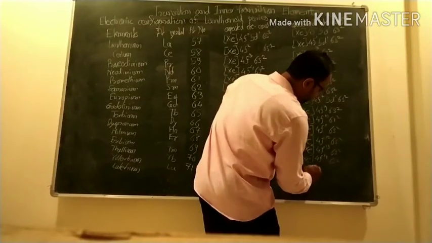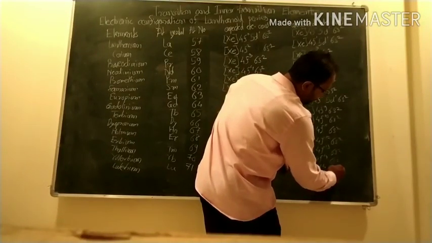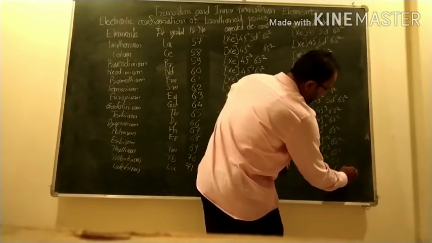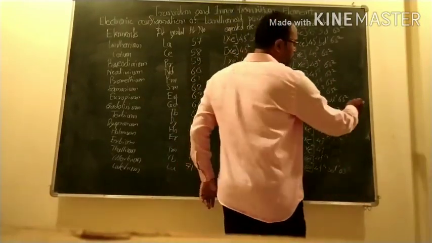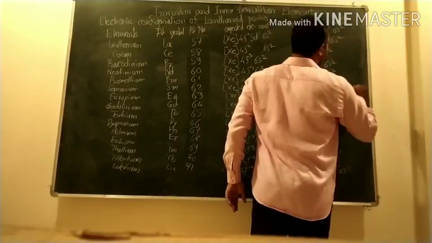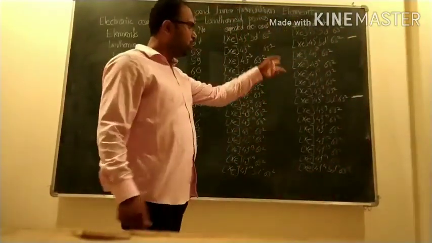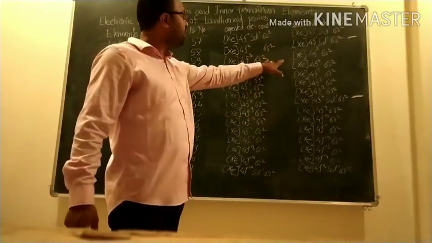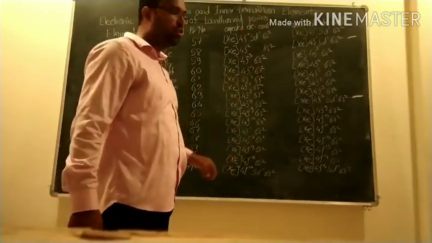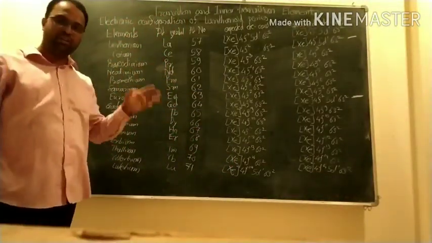Last is Xe 4f14 5d1 6s2. So only two cases have changes. Otherwise, all cases are similar to the expected electronic configuration. So this is the electronic configuration of the lanthanoid series.